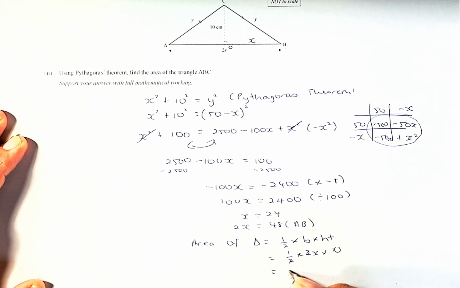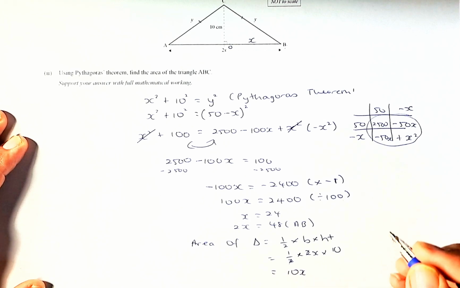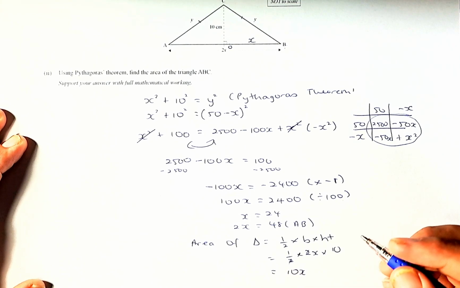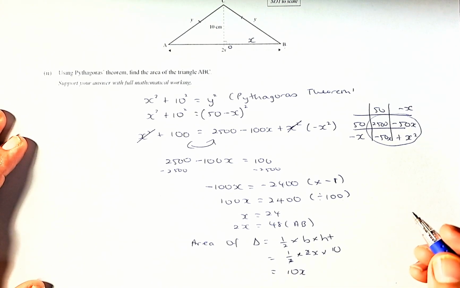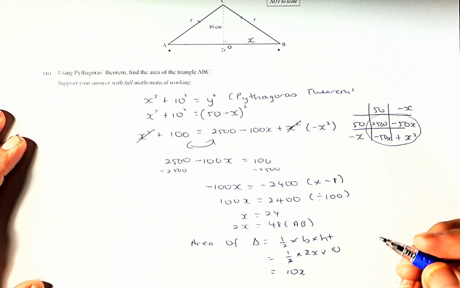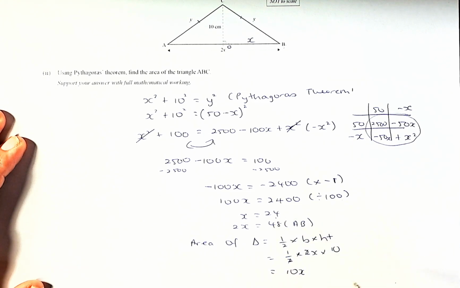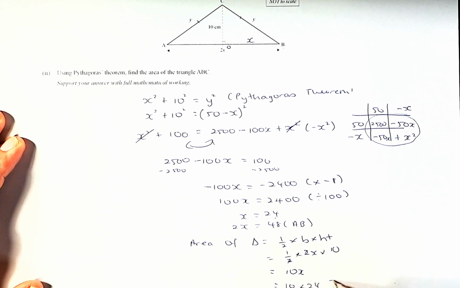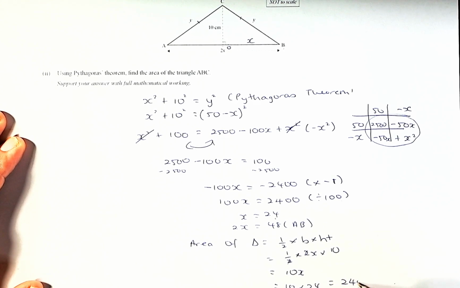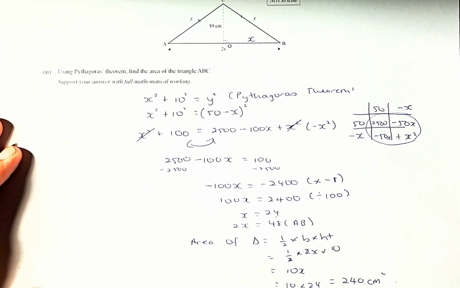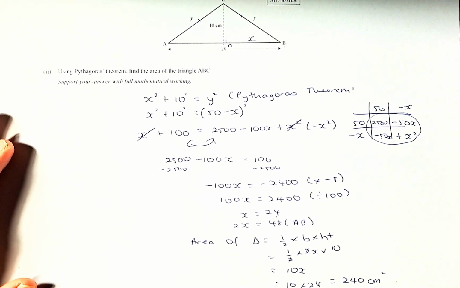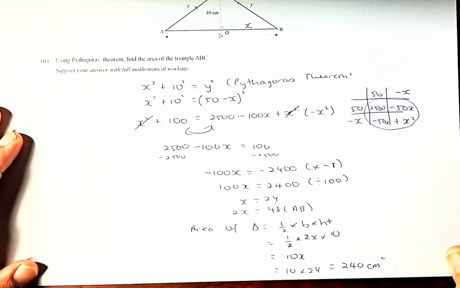So the answer is going to be 10x, because x is 24, so it's going to be 10 times 24. And the answer is going to be 240 centimeters squared. So that is how we calculate the area of the triangle.